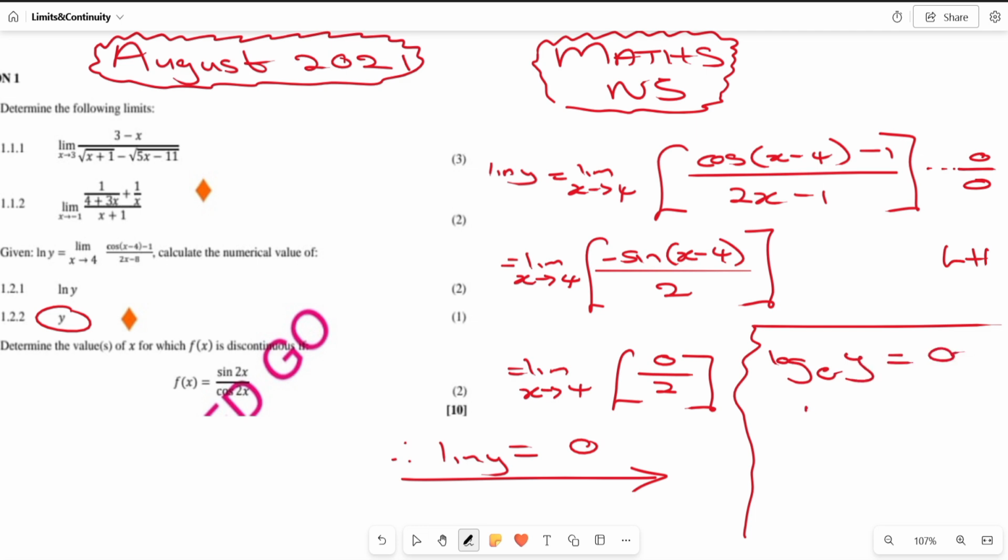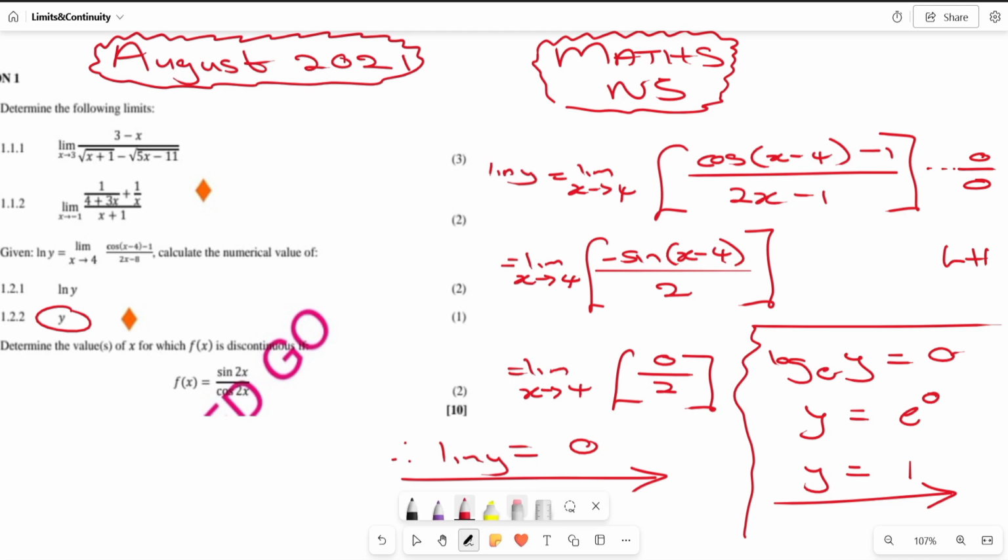So to find y, we'll just say y is equal to the base of log, which is e, to the power of 0. Therefore, anything to the power of 0 is equal to 1. So guys, that is going to be the value of y. Again, easy marks that you can get yourself.